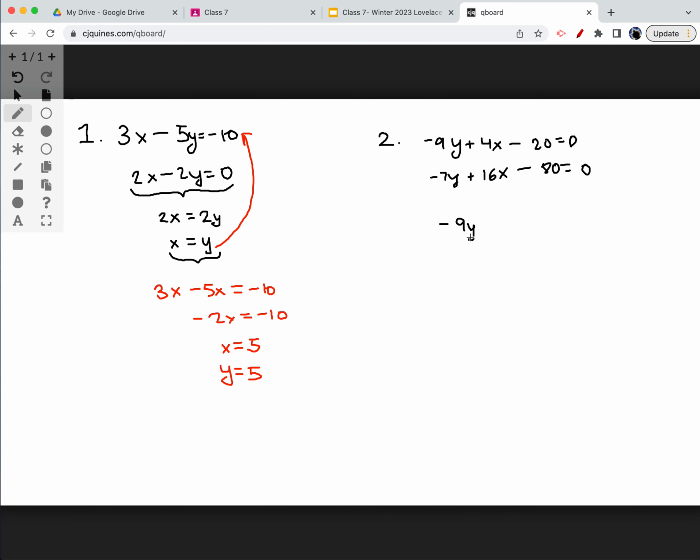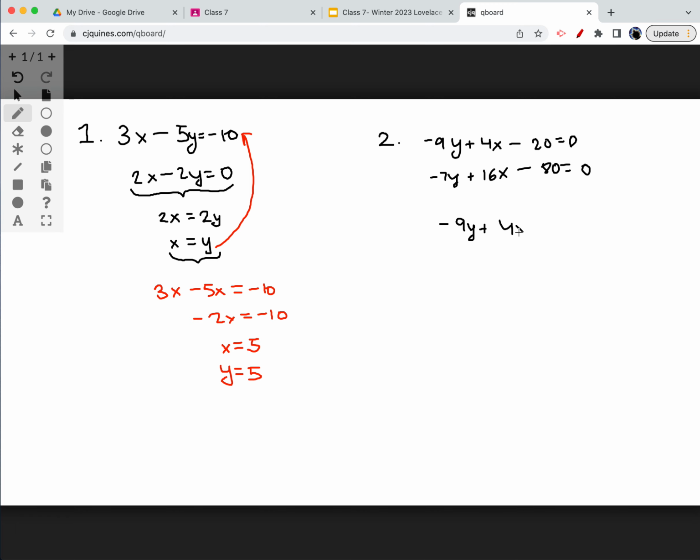So first thing we should do is just move the constant terms to the other side of the equal sign. So this minus 20 and this minus 80, we should move to the right hand side of the equal sign. So this gives 20, and this gives 16x is equal to 80. So we have minus 9y plus 4x is equal to 20, and minus 7y plus 16x is equal to 80.